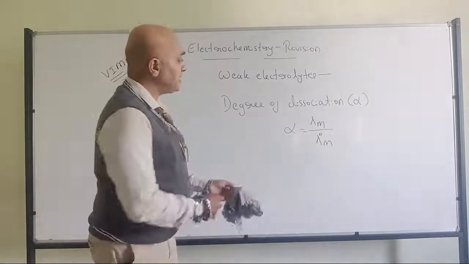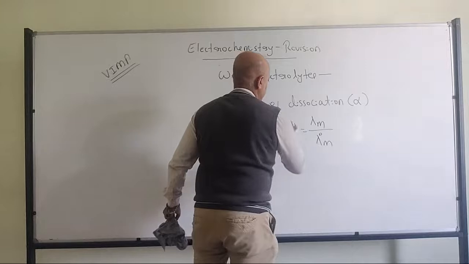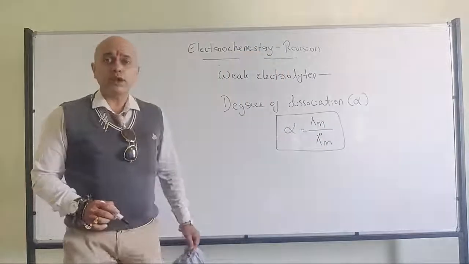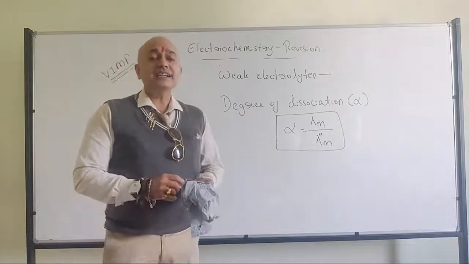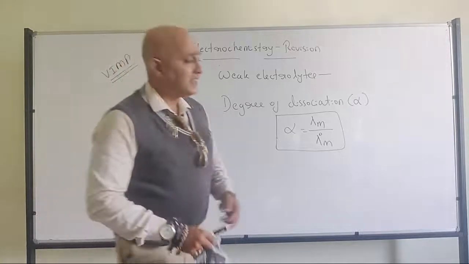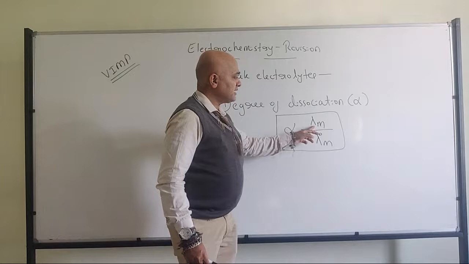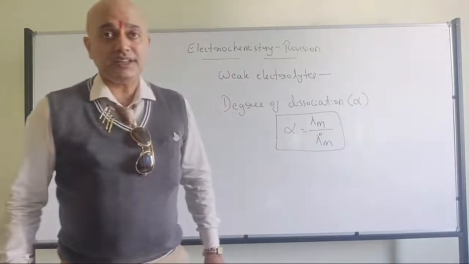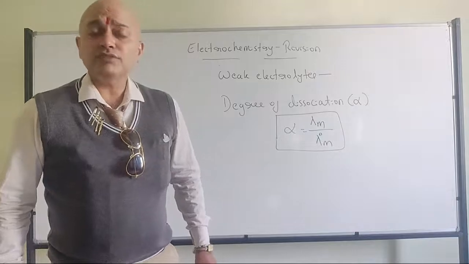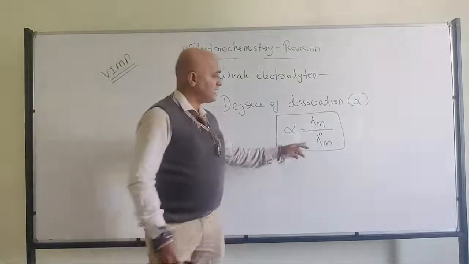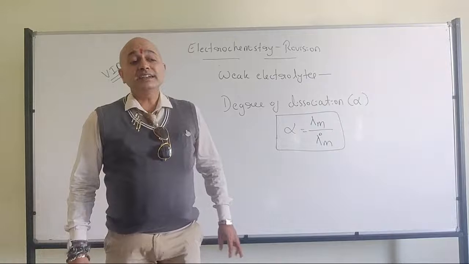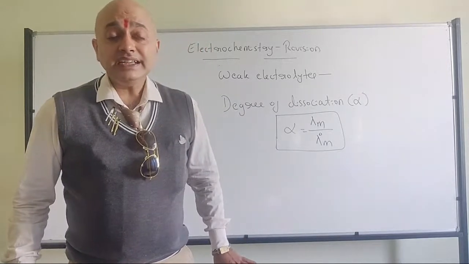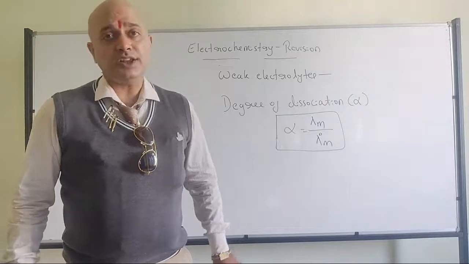You should remember this particular equation, where you are going to apply it while solving problems. If you want to find the degree of dissociation, you should calculate molar conductivity and you should know the limiting molar conductivity. They might give those values, then you substitute them and you will get the degree of dissociation.